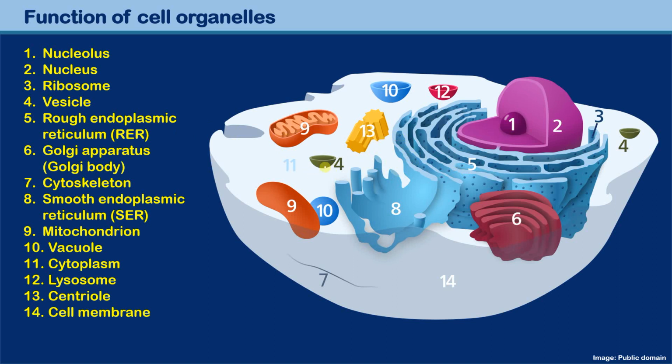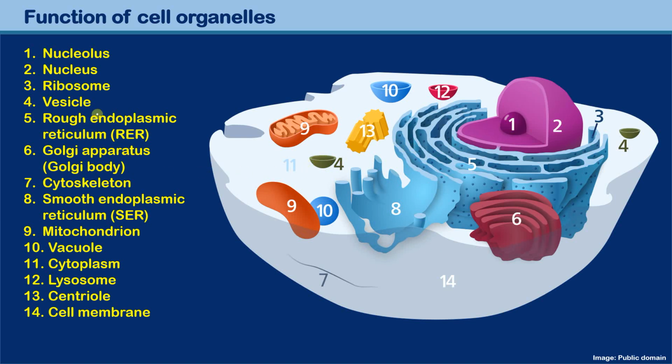The vesicles, number 4, are formed because the RER folds out and forms this little bubble, this vesicle, which then floats around. So the RER is responsible for making proteins with the ribosomes and for making the vesicles, which then contain the proteins that they just made.